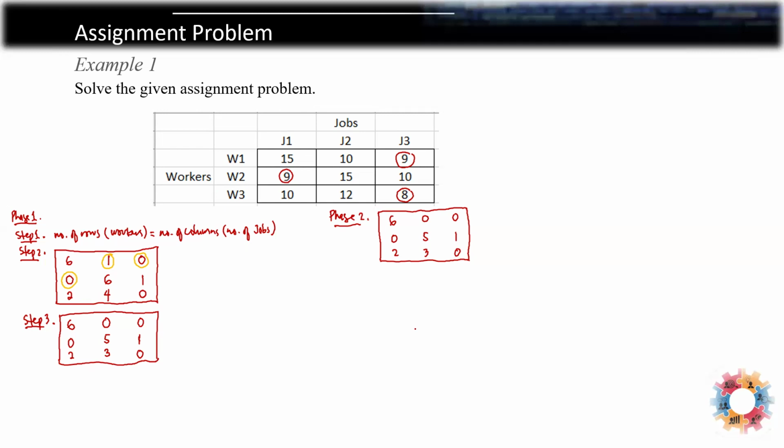Let's apply row scanning first. So this will be step number 4, row and column scanning.